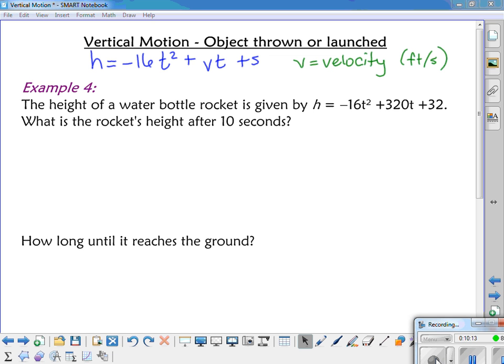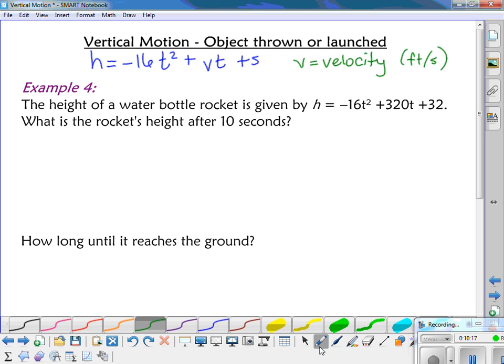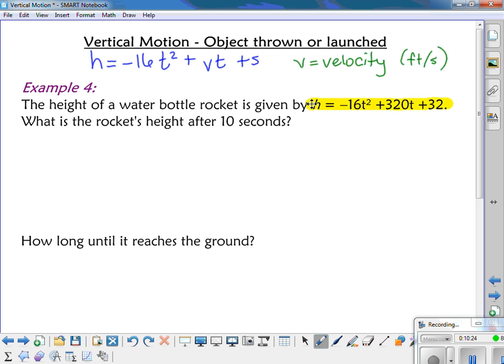So if you look at example 4, they say the height of a water bottle rocket is given by h equals negative 16t squared plus 320t plus 32. So you can see they already gave you the equation. You don't actually have to figure out where stuff goes. You just have to know h is the height and t is the time. So it says, what is the height after 10 seconds?